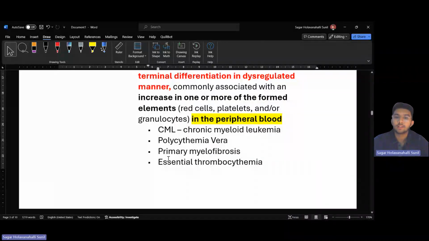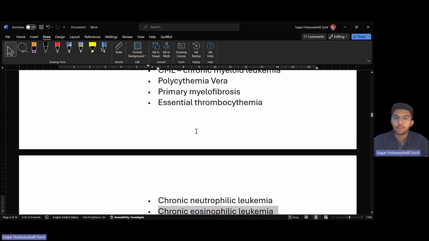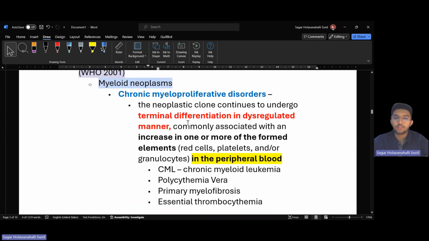And essential thrombocythemia, in which you'll have an increase and a decrease as well. Now, you can also have chronic neutrophilic leukemia and chronic eosinophilic leukemia. Now you might ask the question, if this is a tumor and if you're going to have a neoplasm, you'd naturally expect a large amount of cells to be there.